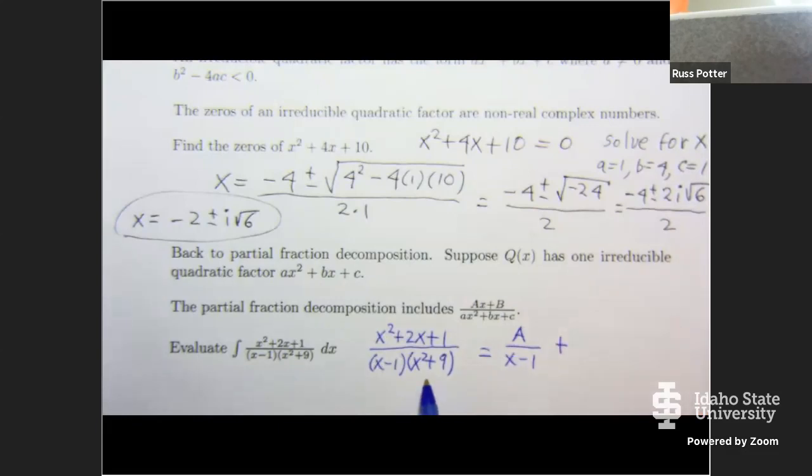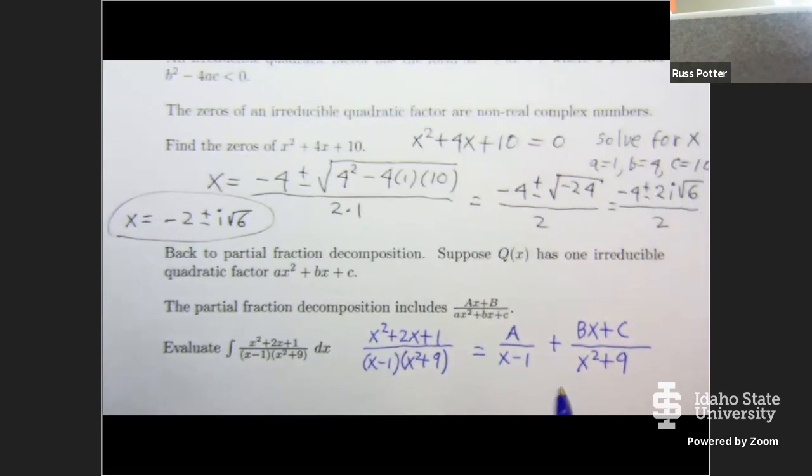But the other factor is irreducible quadratic, x squared plus 9. So in the numerator, we write Bx plus C with the denominator x squared plus 9. Okay, so now we want to determine what the values of A, B, and C are.